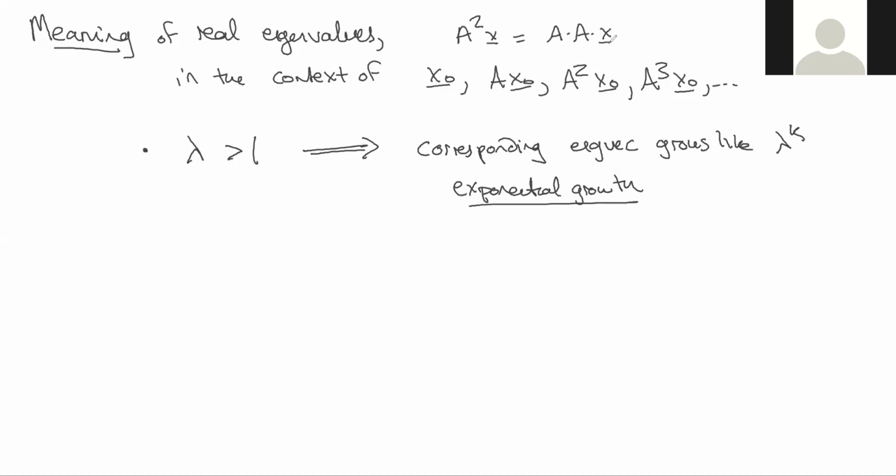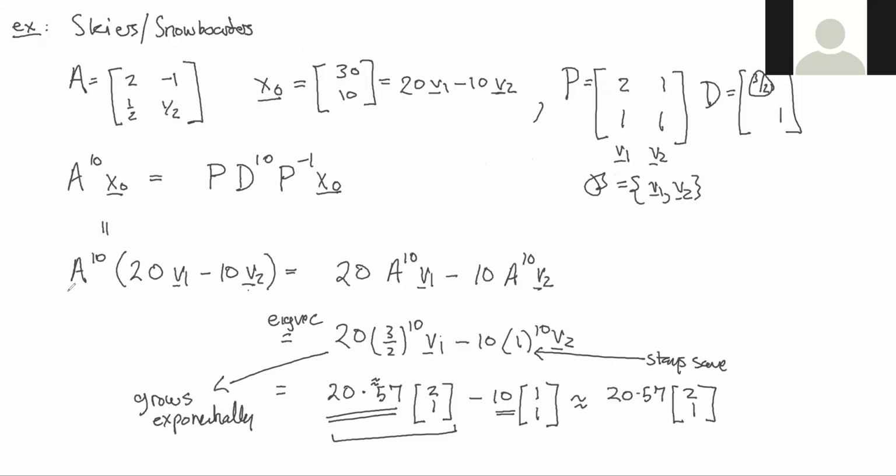So A squared x means A times A times x. So going back to this picture, I applied A 10 times to my vector x naught, right? And the key thing I wanted to emphasize is that means I apply A 10 times to V1 after changing into the eigenbasis. So let's work it out.